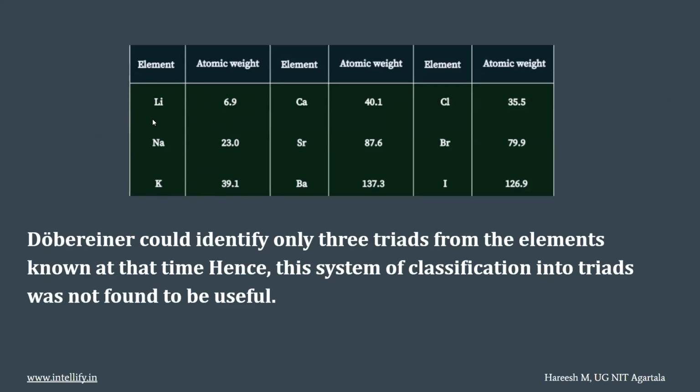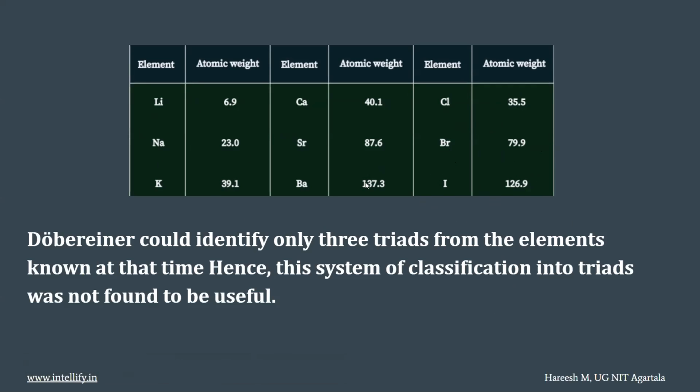So basically, if you add the lithium and potassium masses and divide it by 2, you will get the atomic mass of sodium. The same is true for other elements. For example, here, chlorine, bromine, and iodine. If you add the atomic masses of chlorine and iodine and divide it by 2, you will get something equal to the atomic mass of bromine. So this is what Dobereiner was trying to say to us.